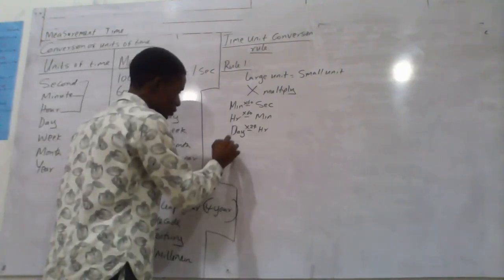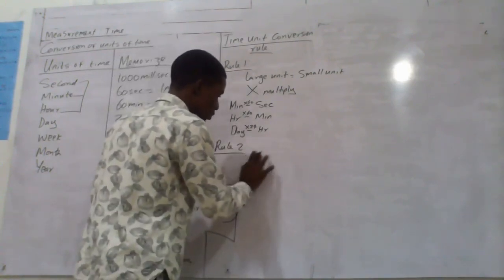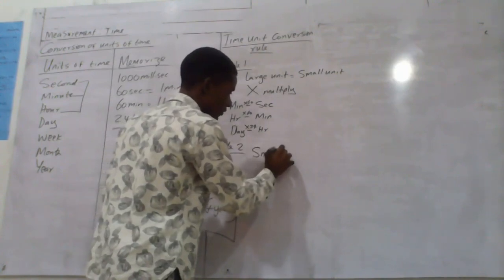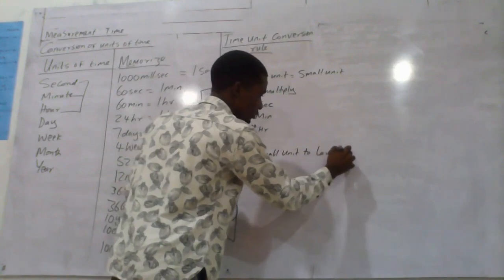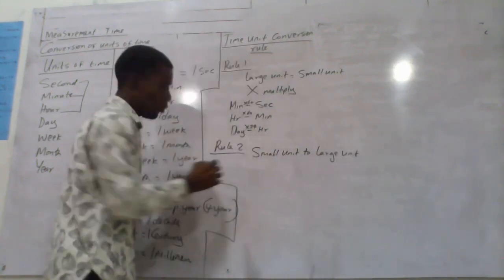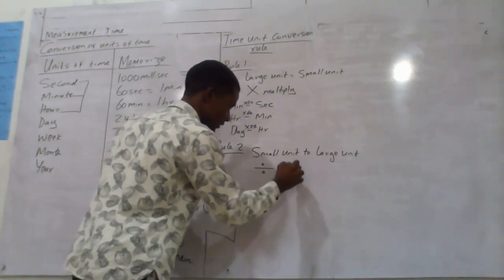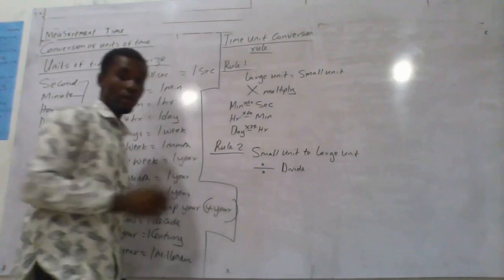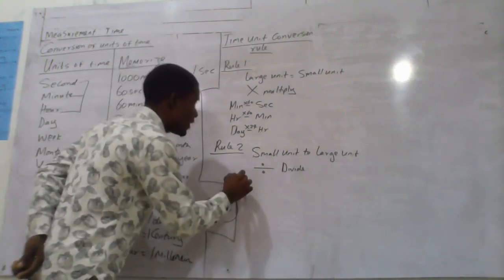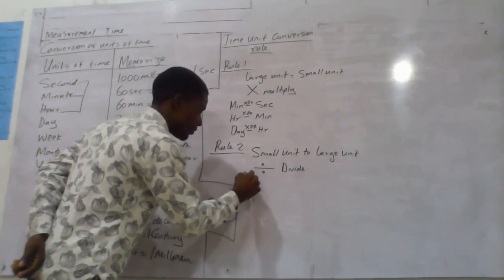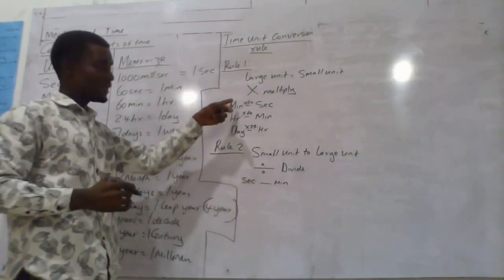The second rule of time conversion says that when converting from small units to large units, always divide. In other words, you reduce the number. That is, when converting from seconds to minutes, now the reverse is going to be the case.